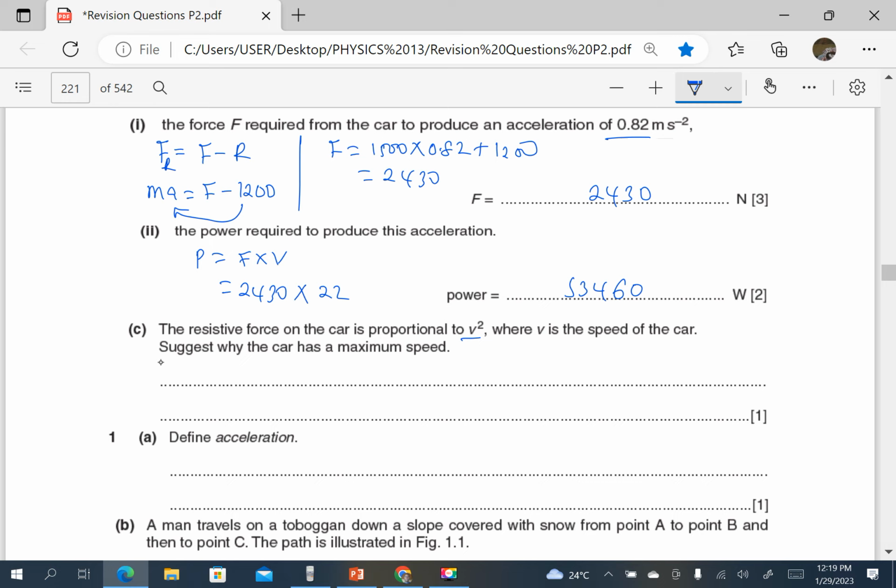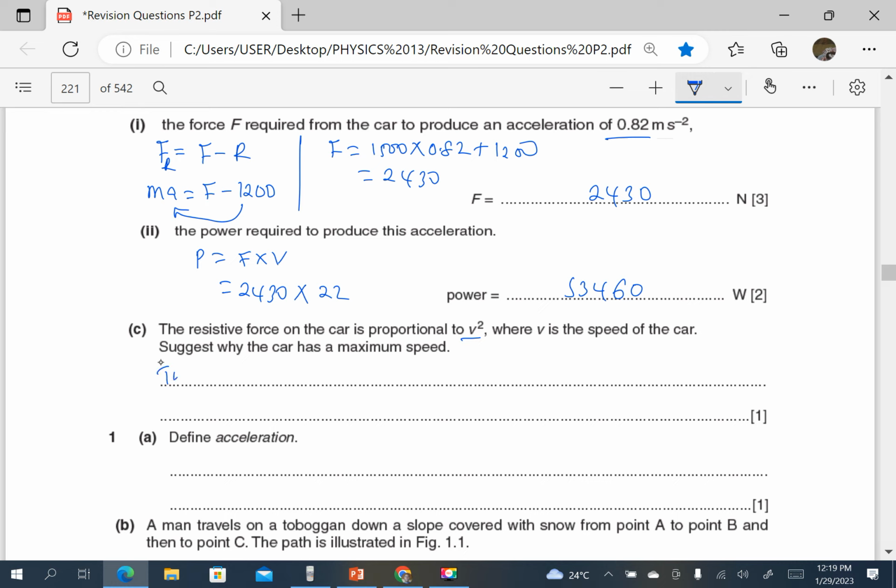When the resistive force is equal to the force produced by the car, there will be no acceleration. That means at this point, the speed will become constant. The car does not produce power indefinitely.